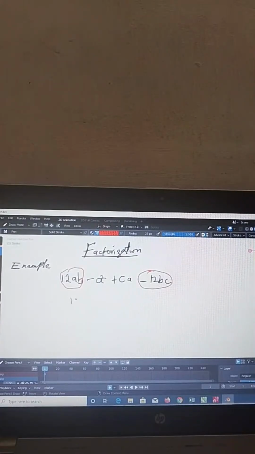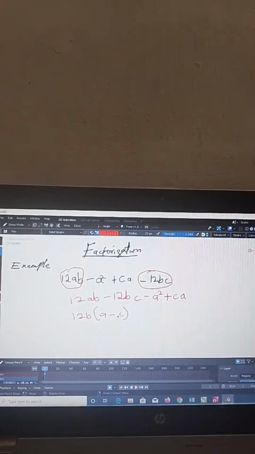I have 12ab minus 12bc. 12ab minus 12bc. I have my minus a square plus ca. So 12 is common here and here. B is also common, so I'll take 12b out. What is left? I have a minus c.